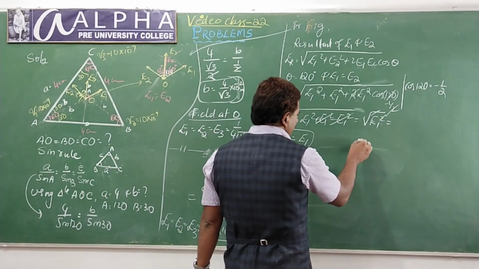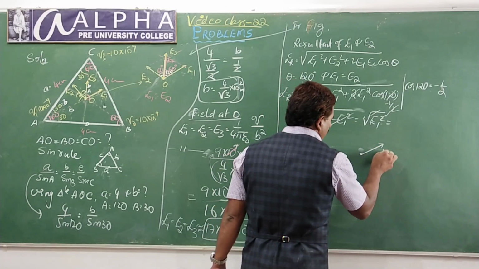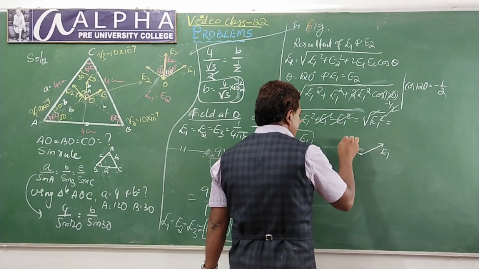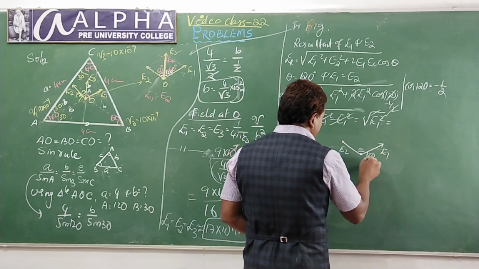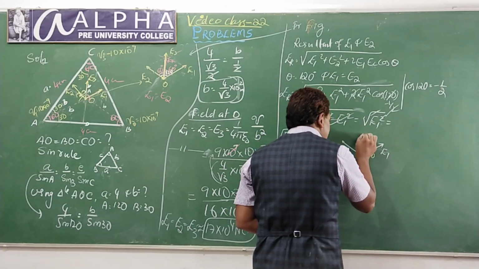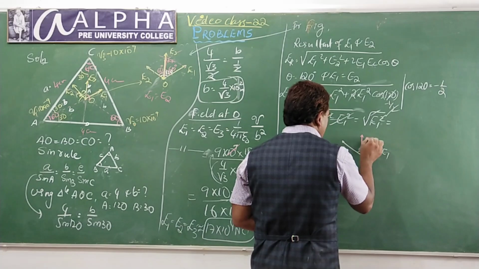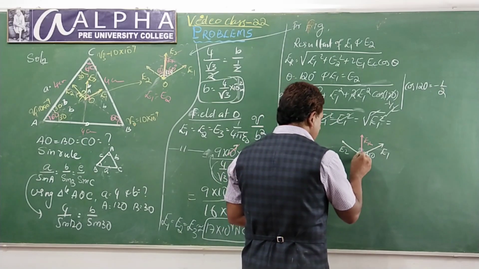The conclusion is, if there are two vectors E1 and E2 acting at an angle of 120, the resultant exactly bisects. What is the resultant? That is also the same. And in the same direction you have one more.